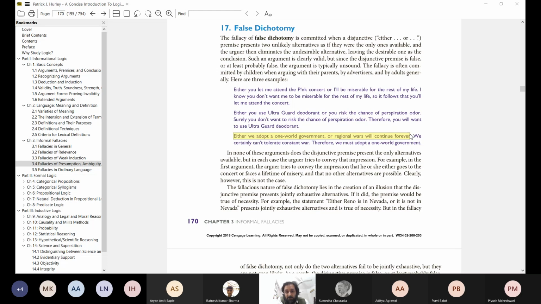Are these the only two possibilities? Yeah, Sujit. Yes, sir. The simplest example would be the European Union, where they don't have a single government, but every country is living peacefully and coordinating with each other, having no wars or something like that.